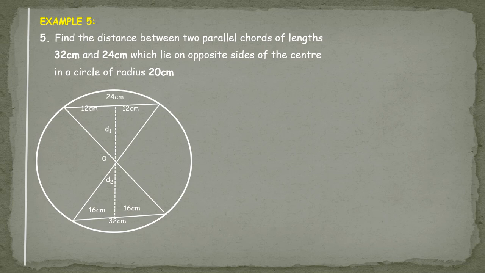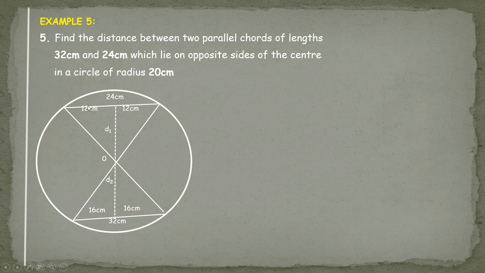Now, before we get to the answer, you can see that this angle here is 90 degrees. This is 90 degrees. Now this angle is also 90 degrees. I have this as 16, this as 16, this as 12, this as 12.